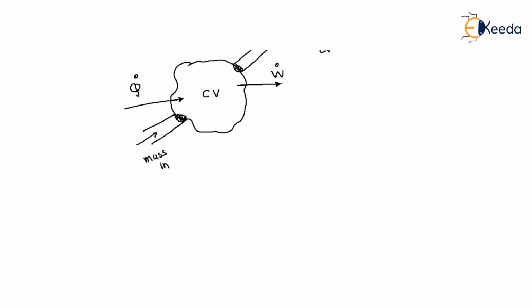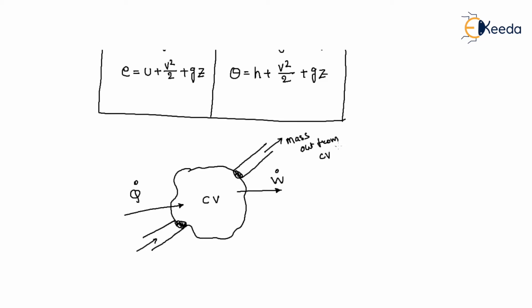If you convert mass into energy, when the mass goes into the system, how much energy goes into the system? Theta into m dot in, and how much goes out from the control volume? Theta into m dot out.